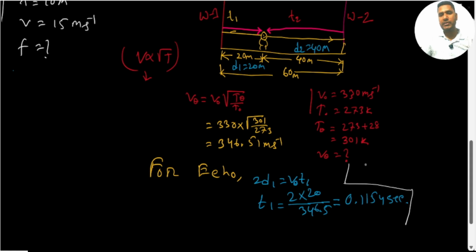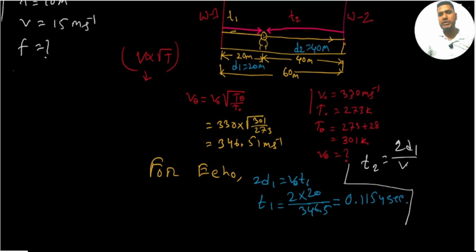What is the value of T2? I will calculate it here. Similarly, T2 equals 2D2 divided by V theta, where D2 is 40 meter and V theta is 346.51. That is 80 divided by 346.51, and the value will be 0.231 second.